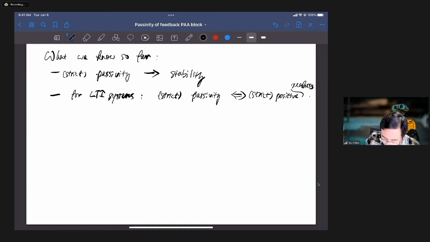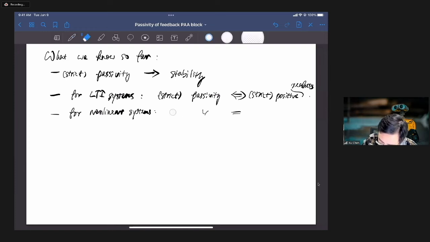Right? And then for nonlinear systems, passivity is judged by the Popov inequality.